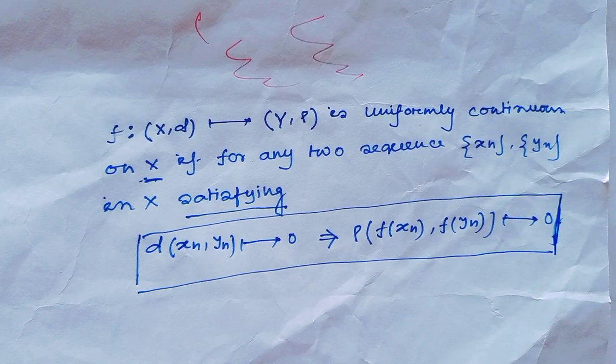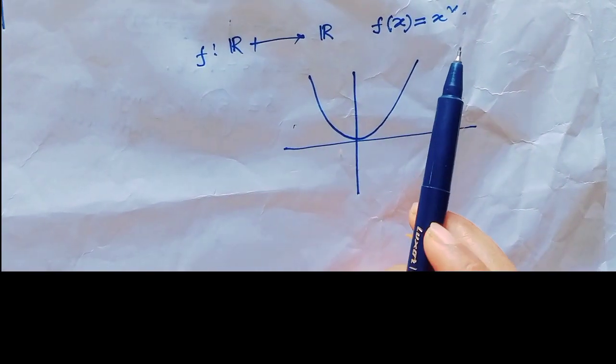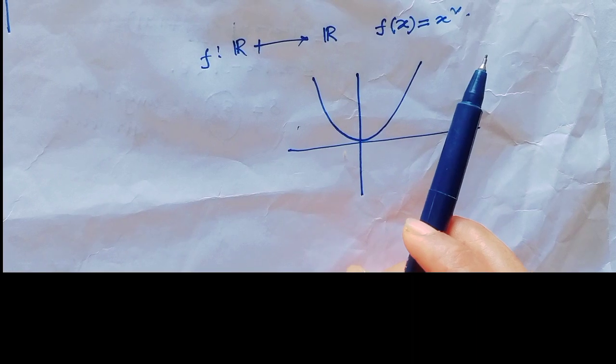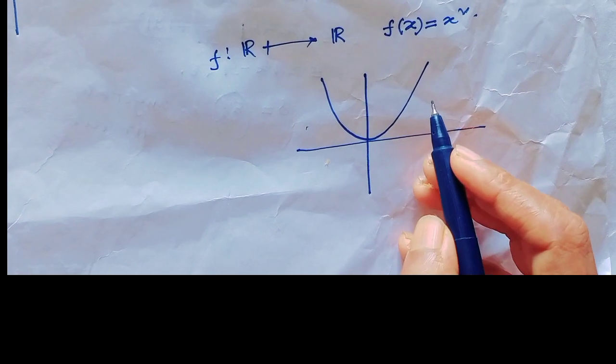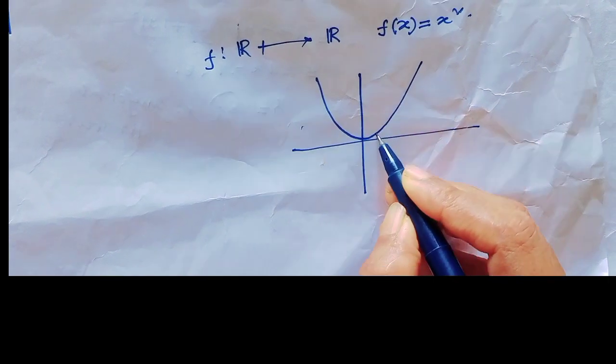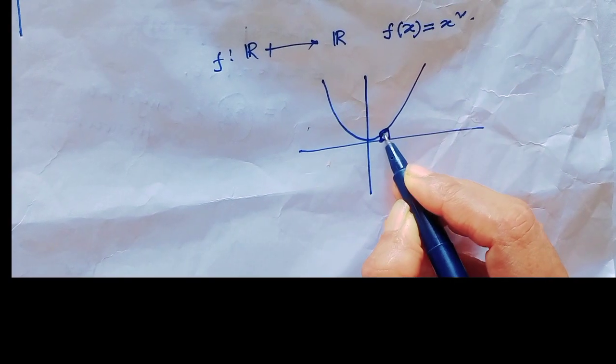Here is an example. A few minutes ago, I showed that f(x) equals x squared is not uniformly continuous on the whole real line. If you see the graph, this is the graph of y equals x squared. Consider two points here and the distance between them.